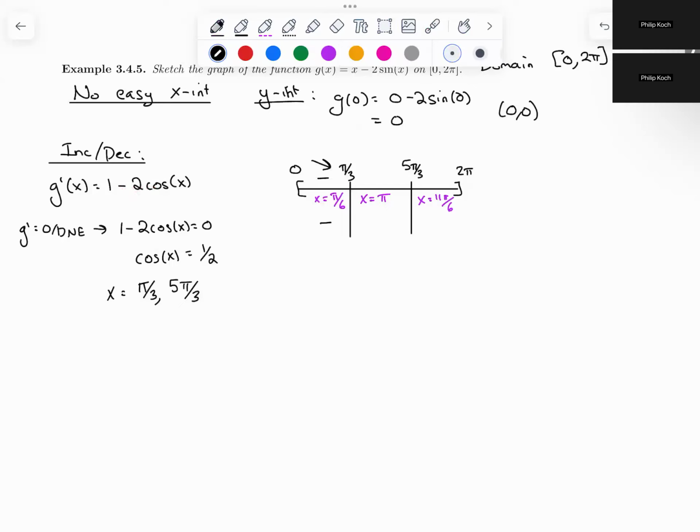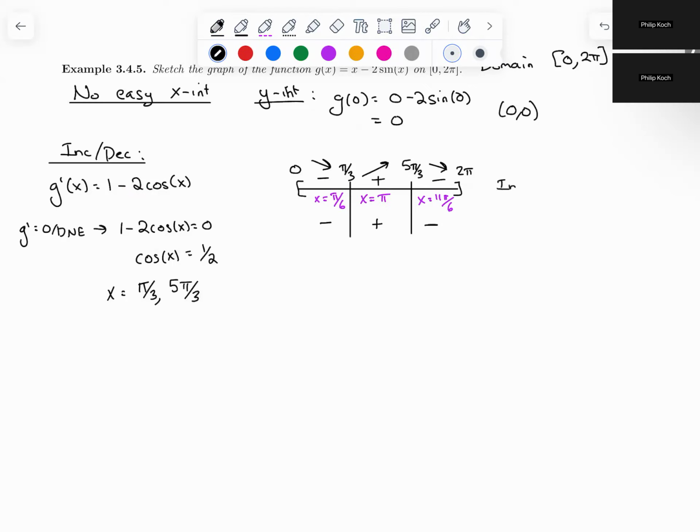So it's positive here, so it's going to be increasing. And then at 11 pi over 6, you're in the fourth quadrant, so cosine is positive square root 3 over 2. So 1 minus 2 times square root 3 over 2, that's negative. But you can always use your calculator. Totally chill to do.